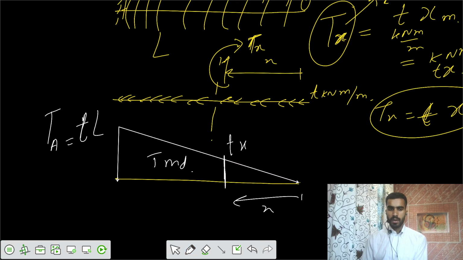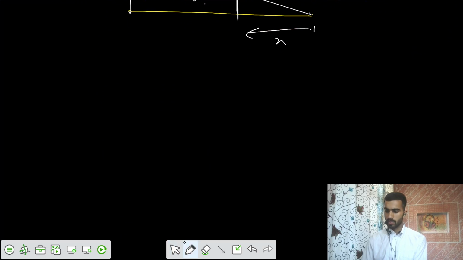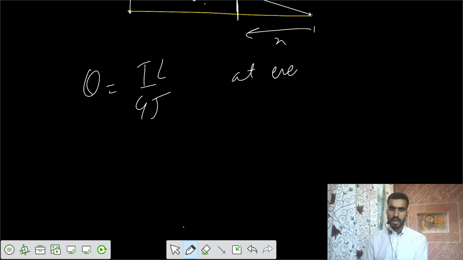Now, can you get the value of total theta? You can't directly say that theta equals TL by GJ, because the torque is varying along the length.